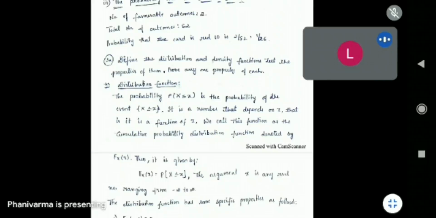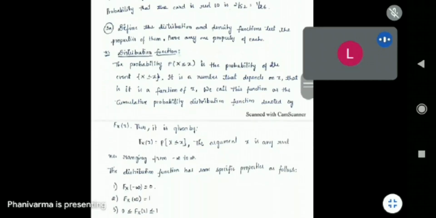Thus it is given by Fx of x is equal to P of capital X less than or equal to small x. The argument small x is any real number ranging from minus infinity to infinity. These are the important properties of a distribution function, which you need to remember all of them.